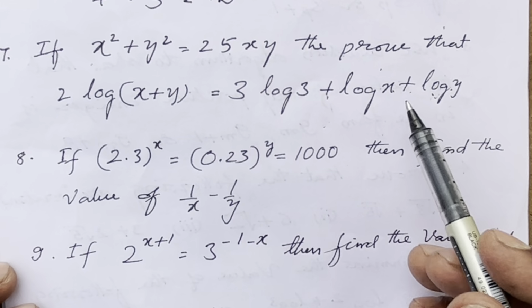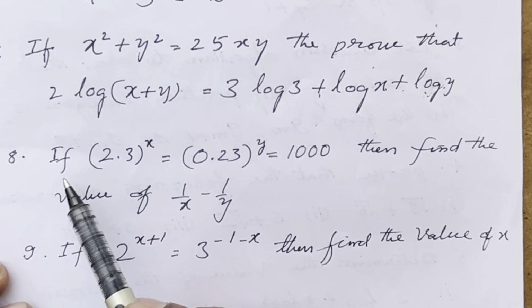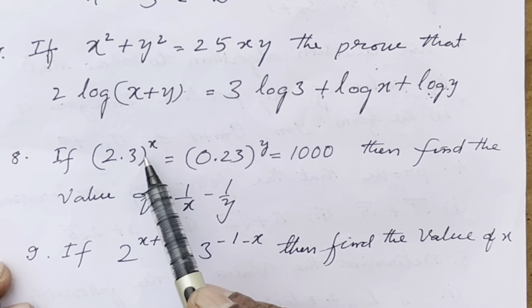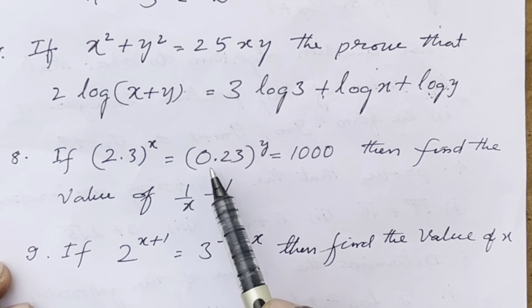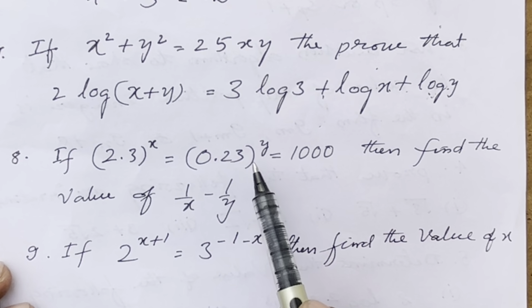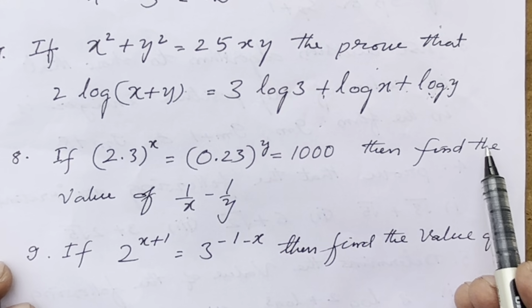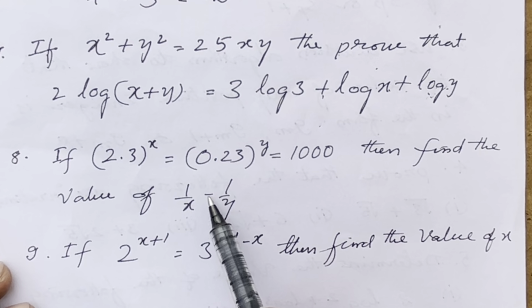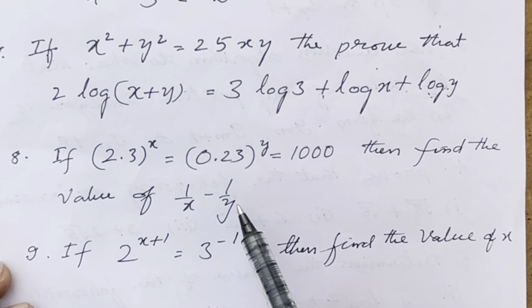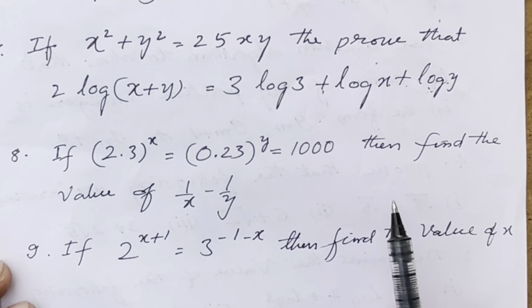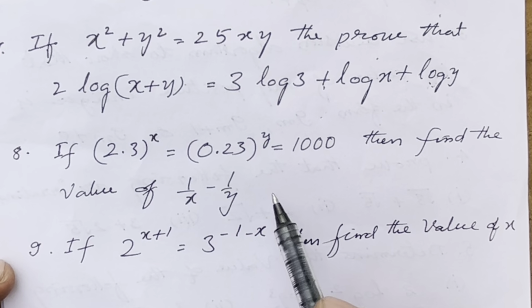I think you already know it. Next, another sum. If 2.3 whole to the power of x is equal to 0.23 whole to the power of y is equal to 1000, then find the value of 1 by x minus 1 by y. This is one more important sum from the logarithms point of view.